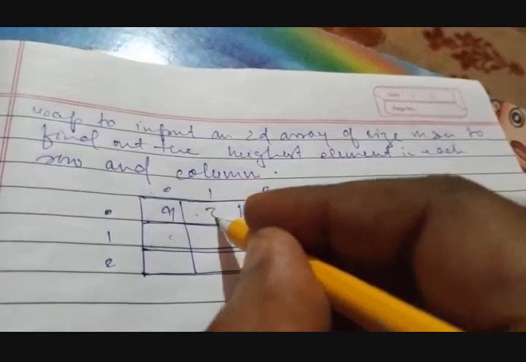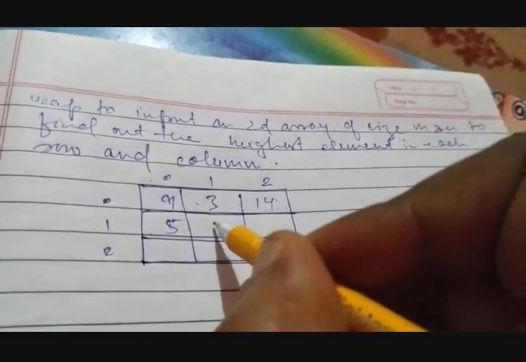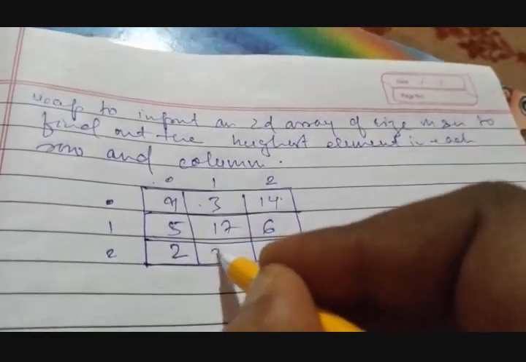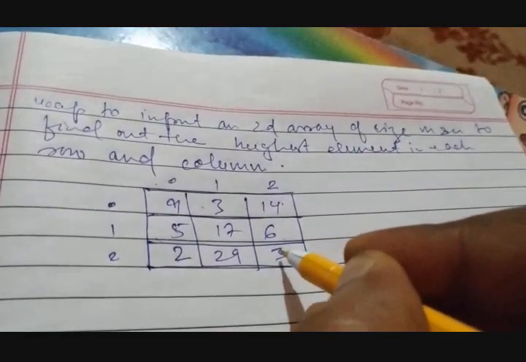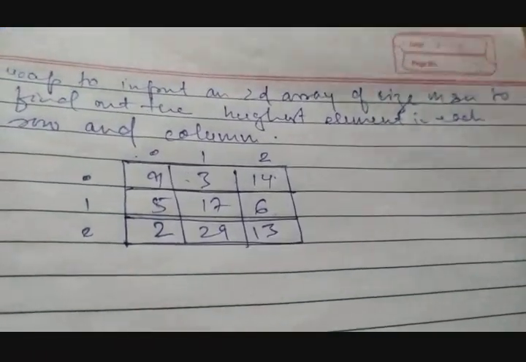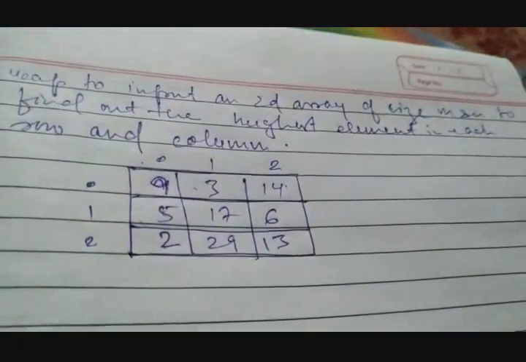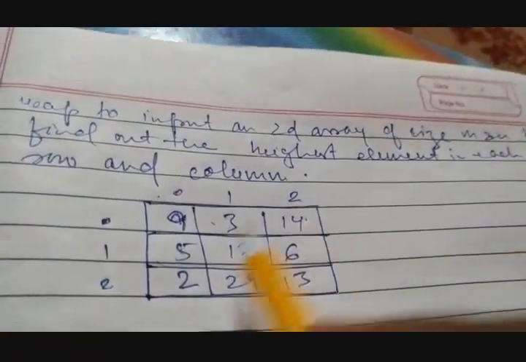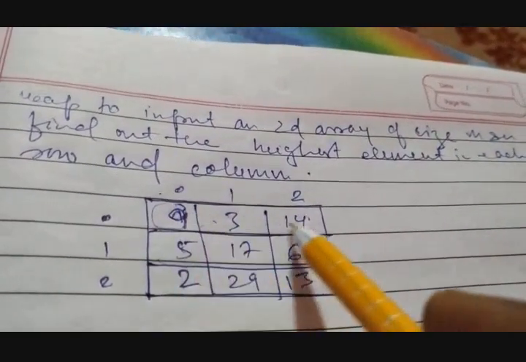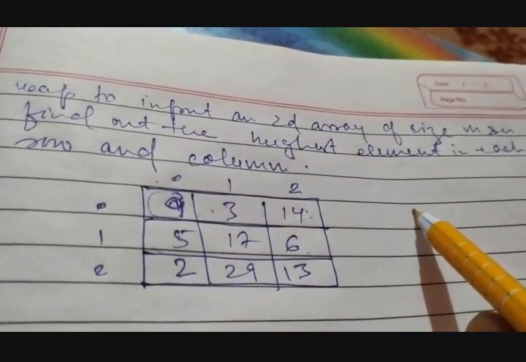Suppose the elements are 9 3 14, 5 17 6, 2 29 13. This is 9, right? In this I need to compare. I need to make this constant and then compare with these two. Then only I get the highest element as 14.